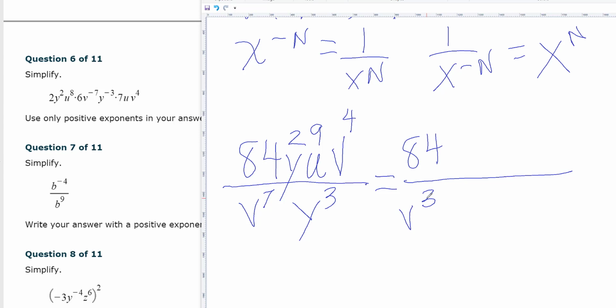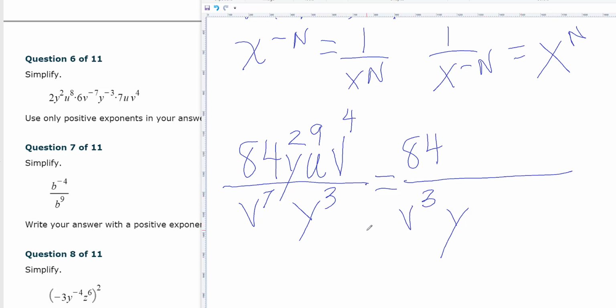Y squared and y cubed is going to leave a y in the denominator for the same reason. 2 minus 3 is negative 1, so y to the 1 will be in the bottom, but you can think of it this way. When I divide, I subtract, and because I have more y's in the denominator, the base will remain in the denominator.